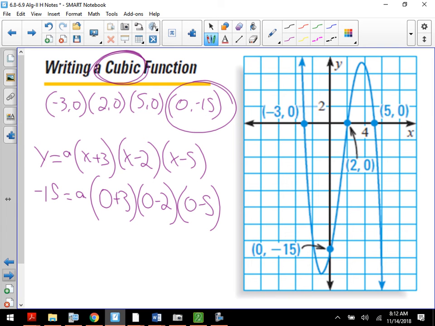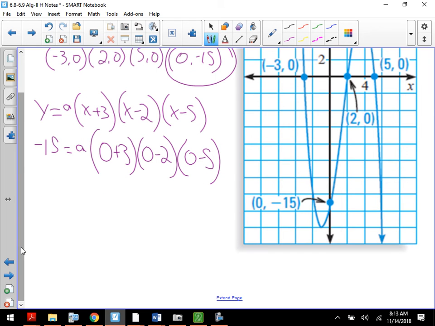This is going to be difficult now. 0 plus 3. You can check and see if the calculator is going to lie to you, but I think you can do it. All right, what's 0 plus 3? 3. What's 0 minus 2? What's 0 minus 5?